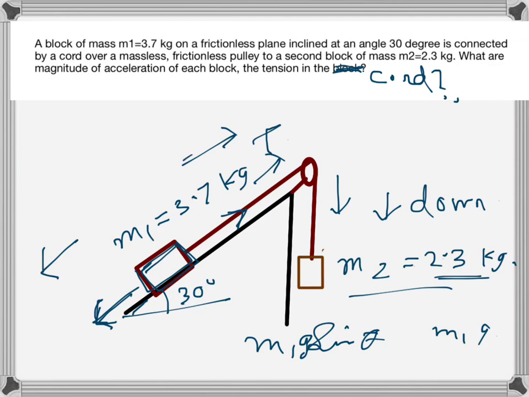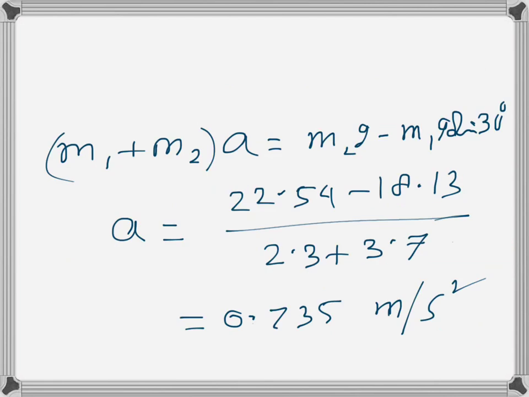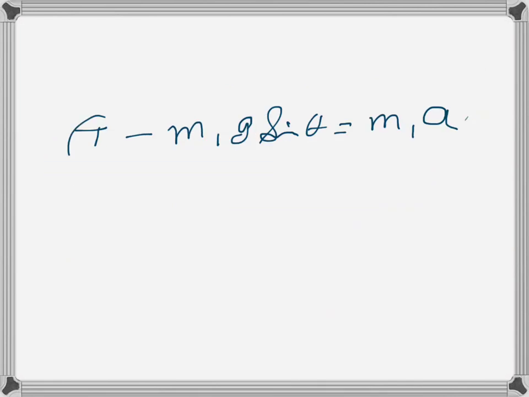The difference of these two forces will be mass times acceleration, which is in that direction. So that's what we have written here. Tension is acting towards the right, we can say.